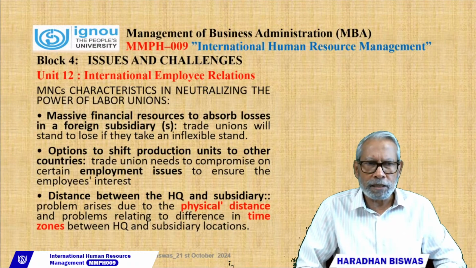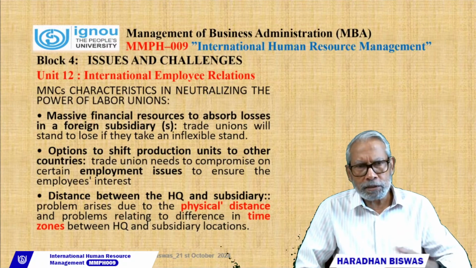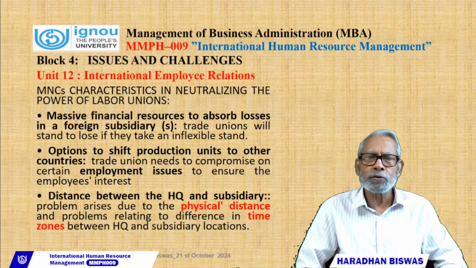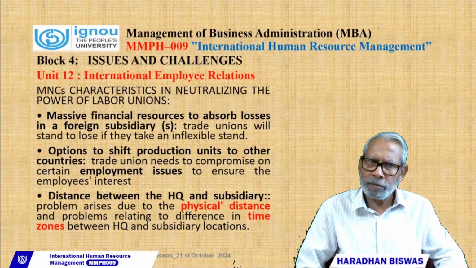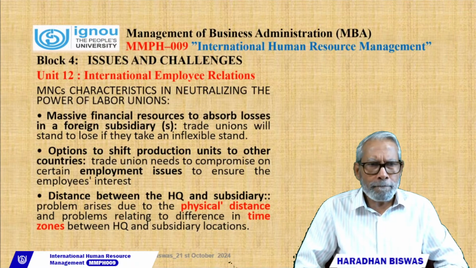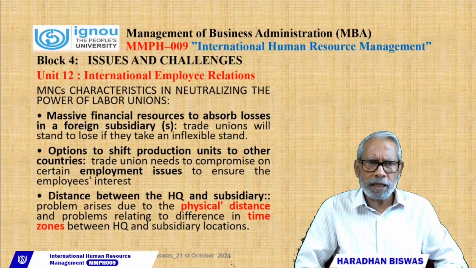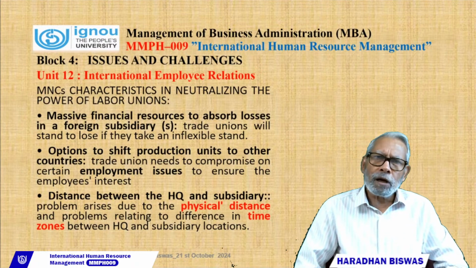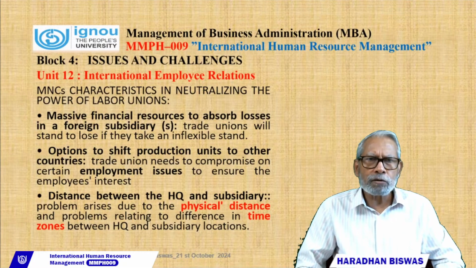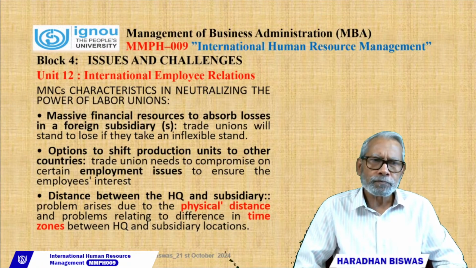They are restricted on some things, and they will give some opinions also. They may say, okay, you can shift there, but the employees who join there will be subject to these wages, packages or facilities. In short, it is the employees' interest, because the main objective of a trade union is employees' interest. So they consider accordingly, and this is the way they have to negotiate with the management.